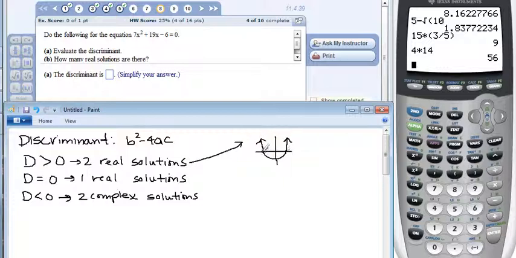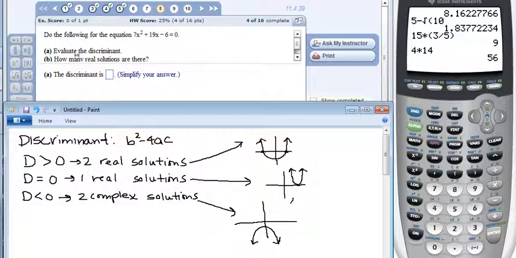Okay, it's crossing here and it's crossing there. 1 real solution is going to look like this, where it just touches in one spot. It's got that double root. And 2 complex solutions, we already saw that. That was the one that looked like this. It never touched the x-axis. So we can tell graphically what's going on, and we can also tell by the discriminant what's going on.